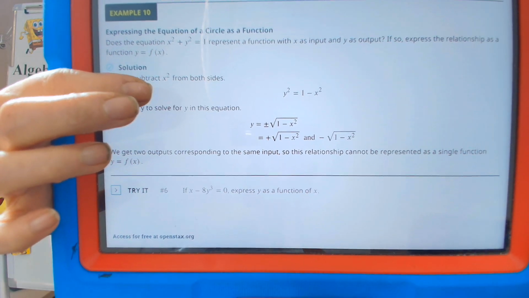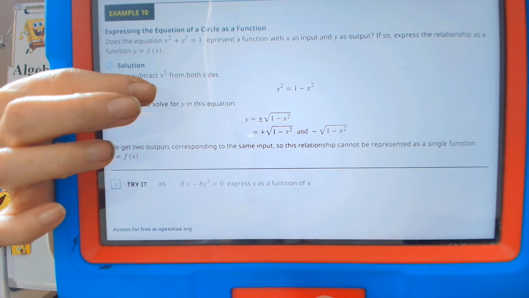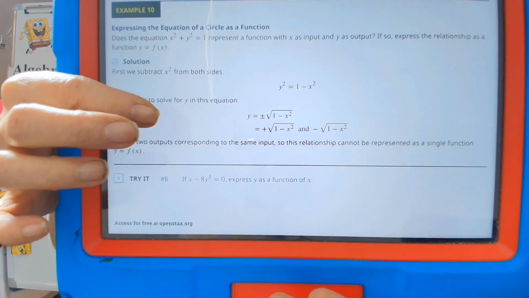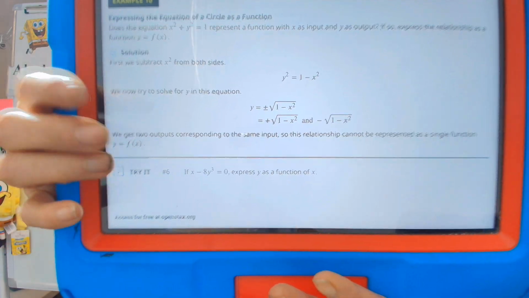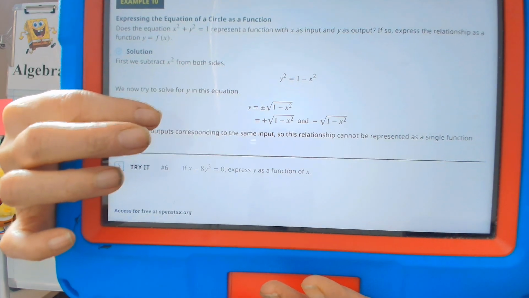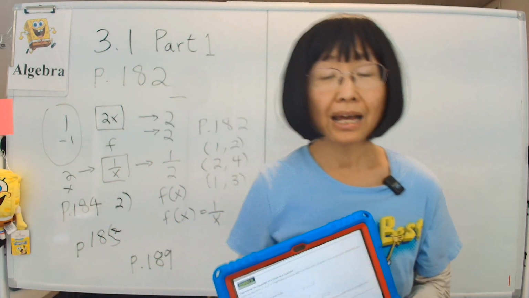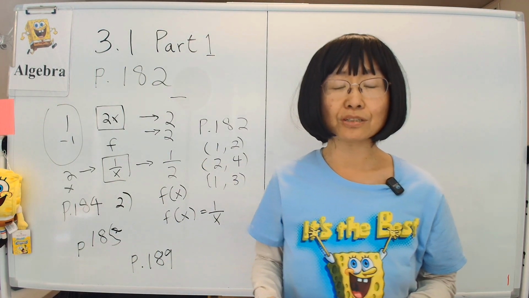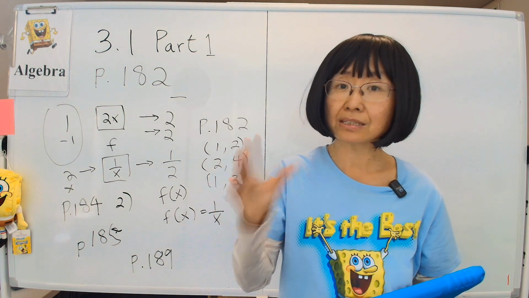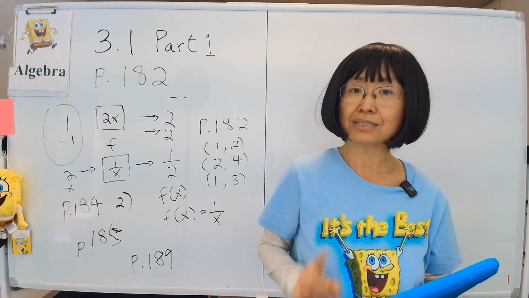So you put y on one side and 1 minus x squared on the other side, and very soon you have to take the square root, which means what? Which means you have to have a plus and minus value, and that means this thing is not a function because it has two things going to be the same. It has to be just one.